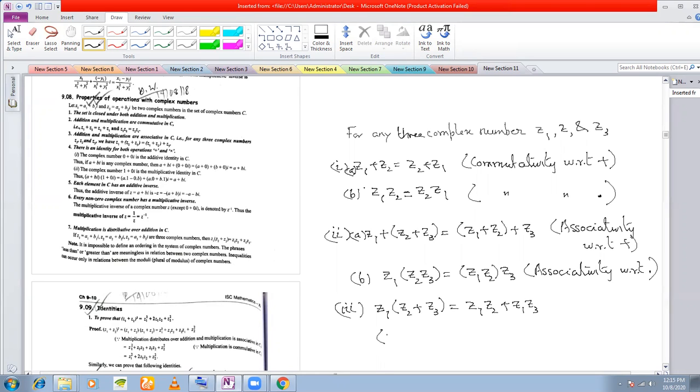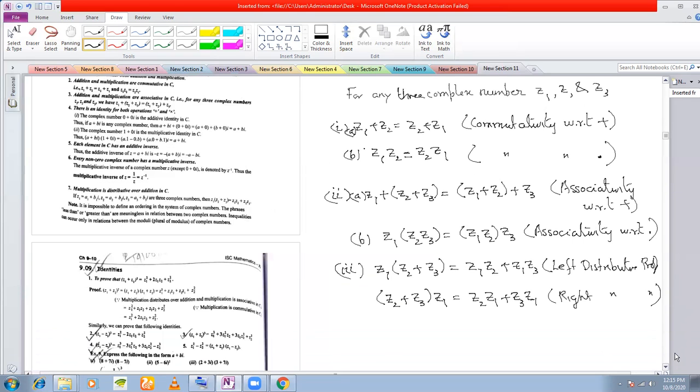Also, if you have Z2 plus Z3 into Z1, then you can write this as Z2 Z1 plus Z3 Z1. This is called the left distributive property. And this is called the right distributive property. These three properties of addition and multiplication of complex numbers you need to remember.